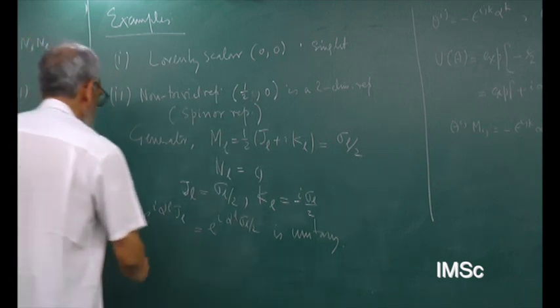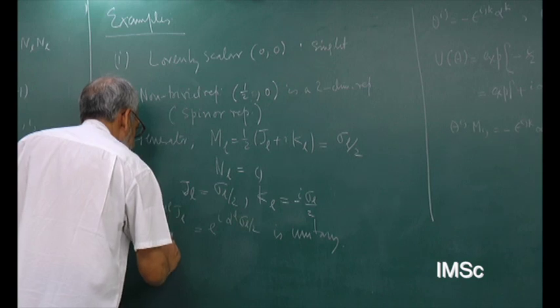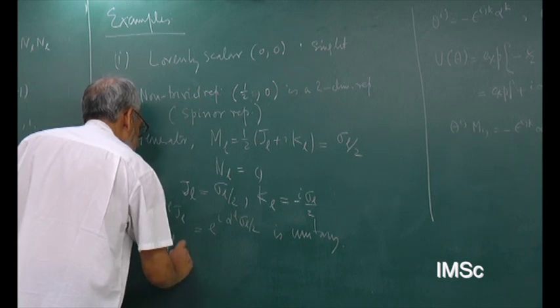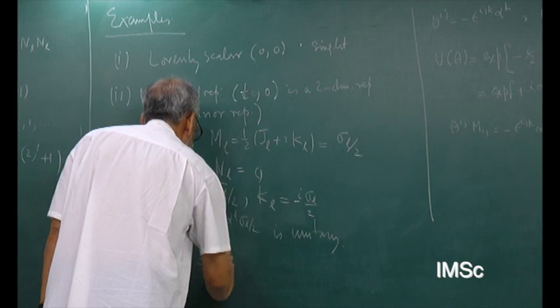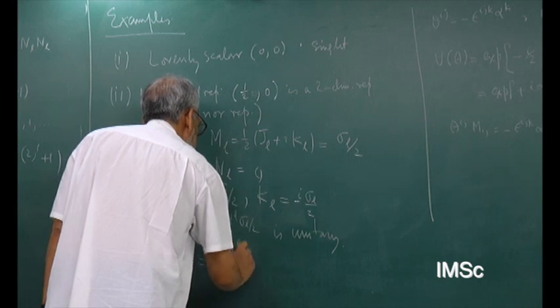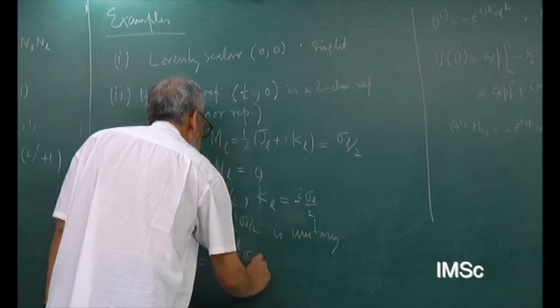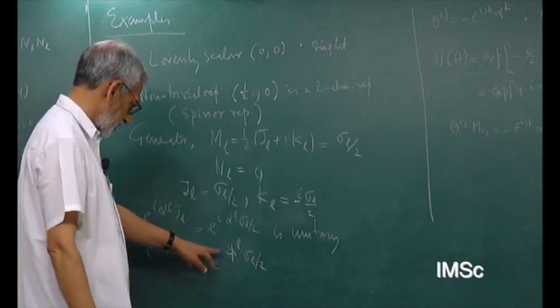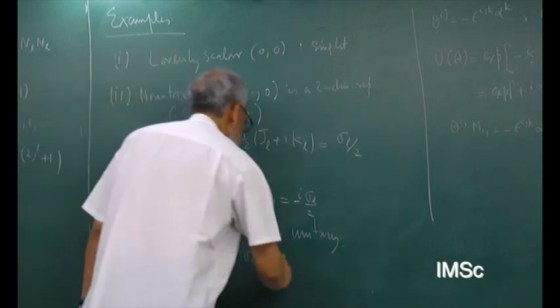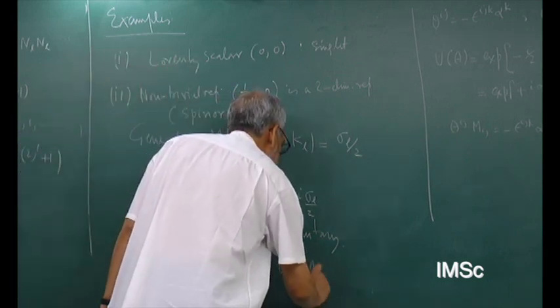But another element, exponential phi L KL, which is exponential phi L sigma L by 2 up to a sign. Now the sign is plus or minus, this is not unitary.